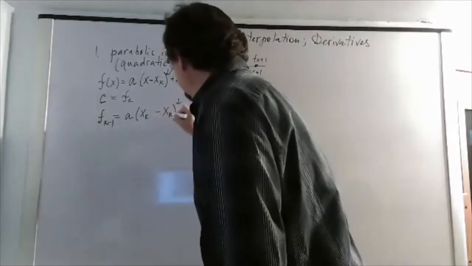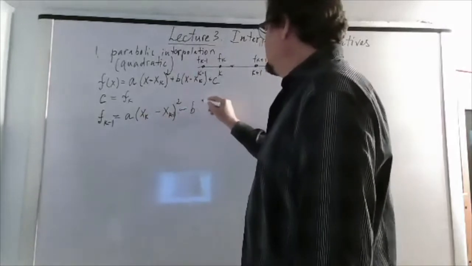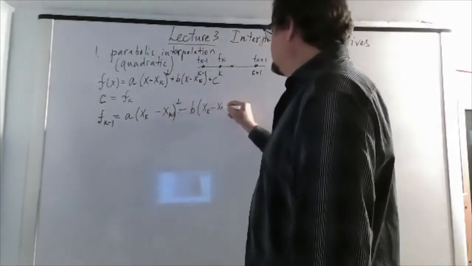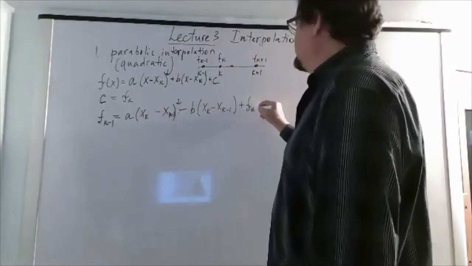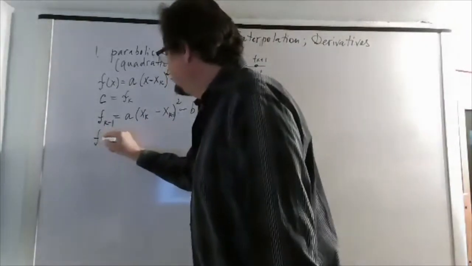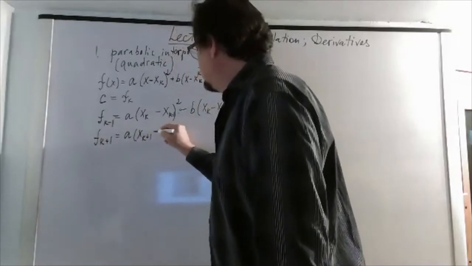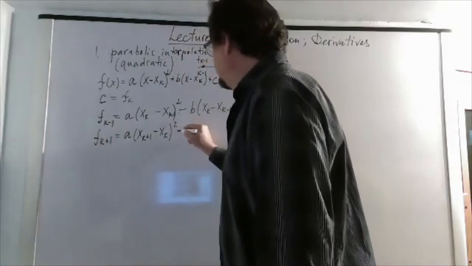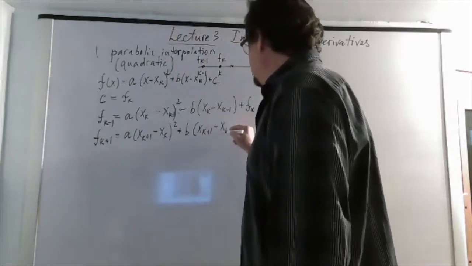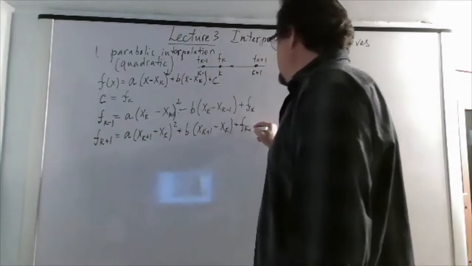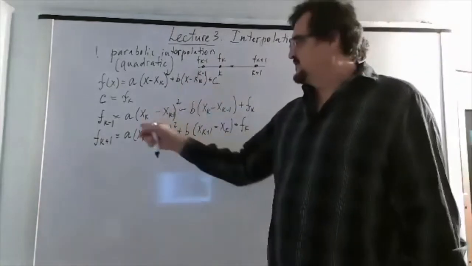So let's subtract so that it would be a positive distance. Then it's minus b times (x k minus x k minus 1), plus f k, this is our c. And f k plus 1 equals a times (x k plus 1 minus x k) squared plus b times (x k plus 1 minus x k) plus f k. So now you need to solve a system of 2 equations with 2 unknowns, a and b.